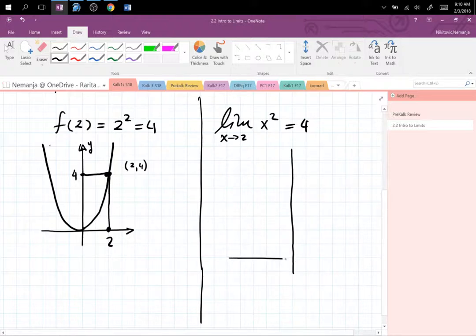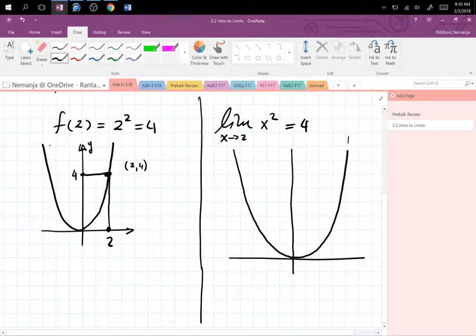So what I'm going to do now is draw this a little bit wider so that we can see it easily. I'm going to pick this to be 4 and this to be 2 so that we can see what's happening here. All right.